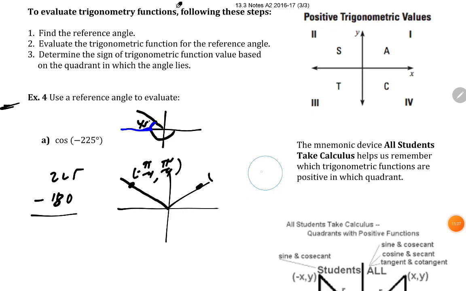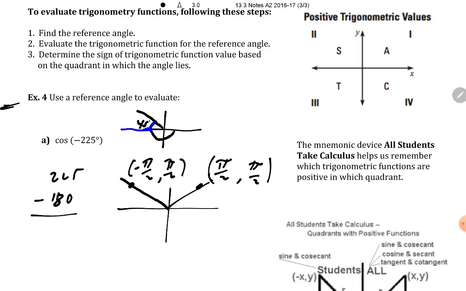Oops, I meant not pi over 4. Cosine would deal with the x value, so this would be negative pi over 2. So cosine of negative 225 is negative pi over 2.